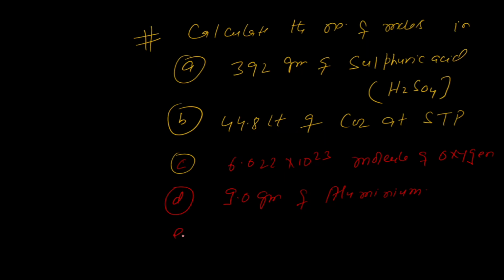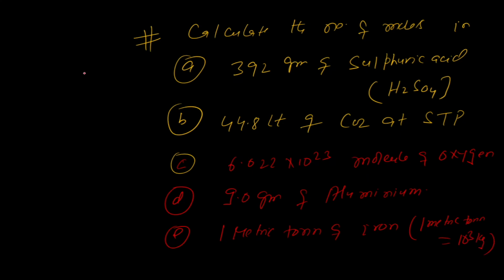And the next question is 1 metric ton of iron. Okay, 1 metric ton is what? It is equal to 10 power 3 kilogram. So you should keep in mind 1 metric ton is equal to 10 power 3 kilogram.